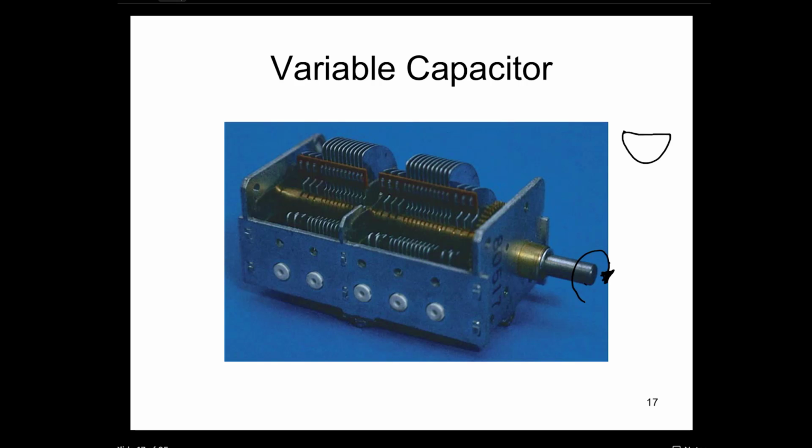So there's a bunch of half moon plates, and they could be meshed like this, right, with about 50% mesh, or you could continue to turn them and get one piled right up on top of the other to give you maximum plate mesh. But at the end of the day, we're just really demonstrating that this is giving you a visual idea of meshing plates and varying the amount of mesh or shifting it and creating a variable capacitor.